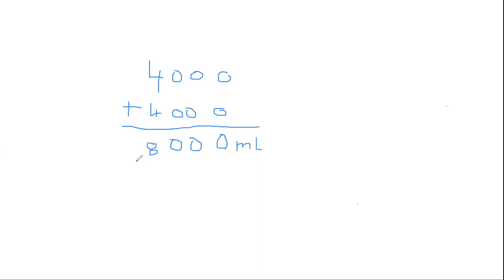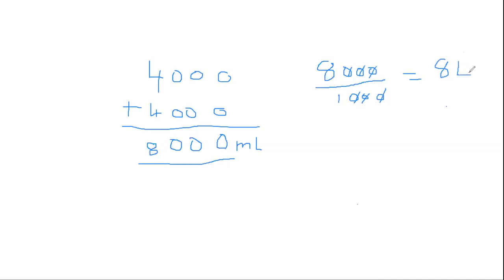Then, to convert it into liters, all I'm doing is 8,000 divided by 1,000. There's a nice trick where you can just cancel the zeros. This one goes with this one. 8 divided by 1 gives us 8. So you'd have 8 liters.